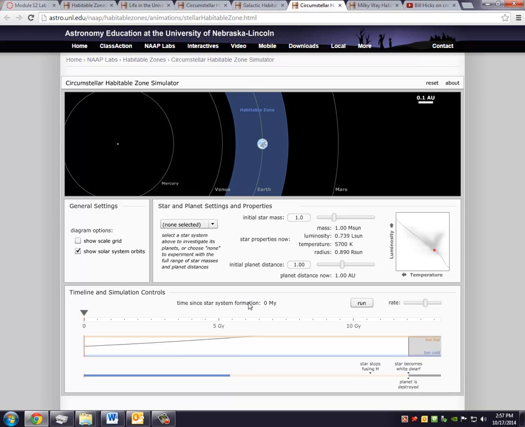And what you can do is, on page 2 of the student guide, you're supposed to change your star mass and determine what the circumstellar habitable zone looks like. So in the case of the sun, this is row 3 of the table. Its luminosity is 0.739. The inner boundary of the circumstellar habitable zone, this blue area, what you can do is just drag your Earth until it's too close and it gets too warm.